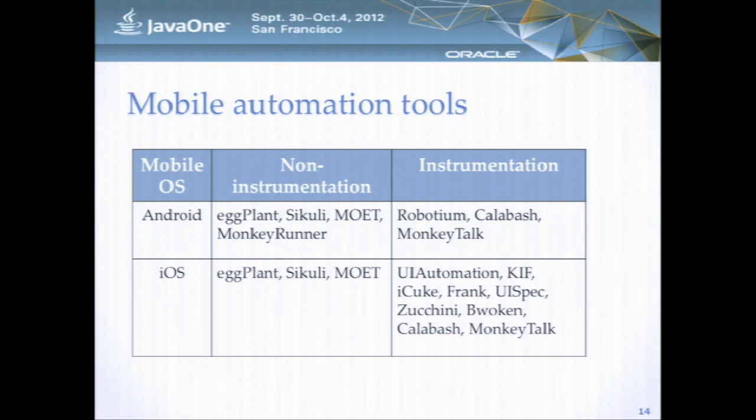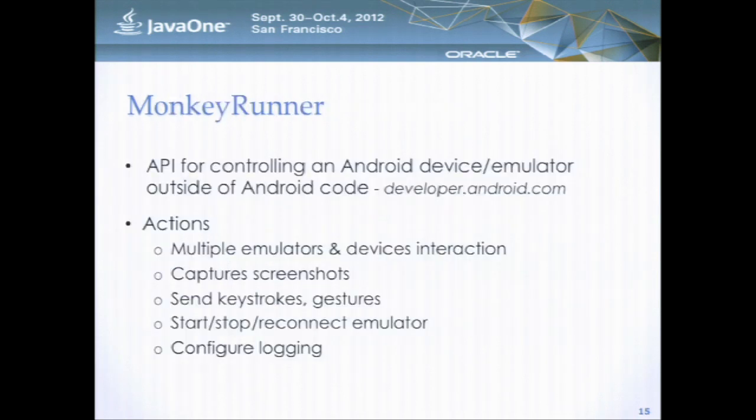So what is MonkeyRunner? MonkeyRunner is the API that controls the Android device or emulator from outside the Android code. By virtue of its design, it allows you to use the same command to run on an emulator as well as a device, which is fantastic.